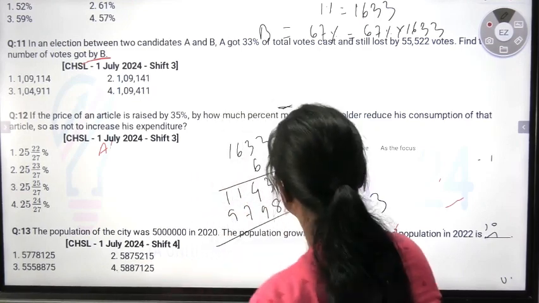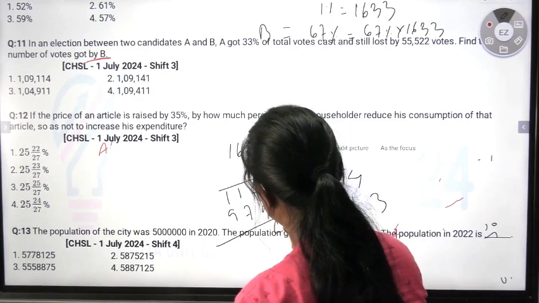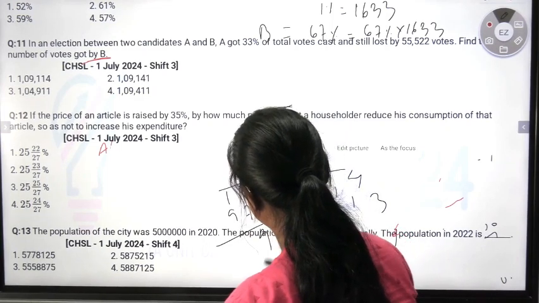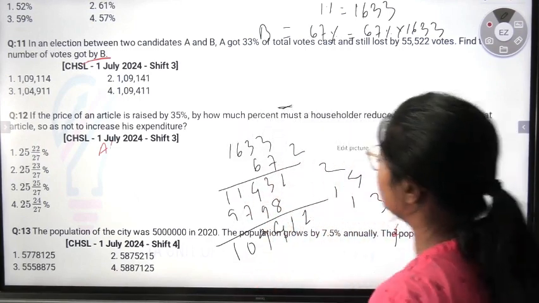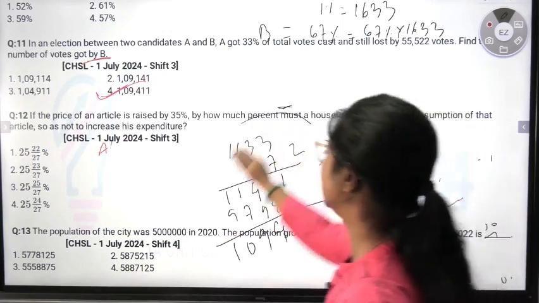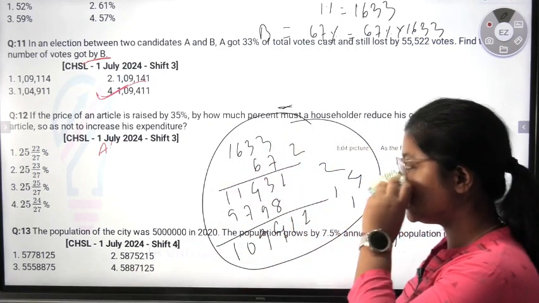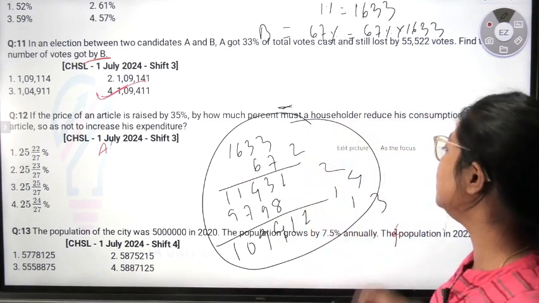Okay, fine. 109411, yes, option number 4. I was making a mistake in the calculation only. Do the calculation correctly, but the process is this only. So the answer would be option number 4.